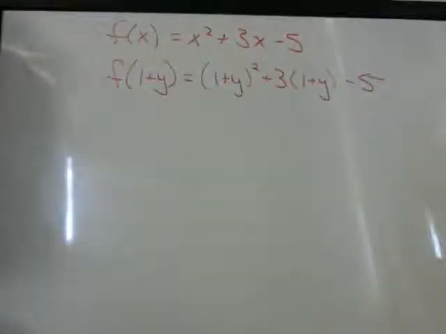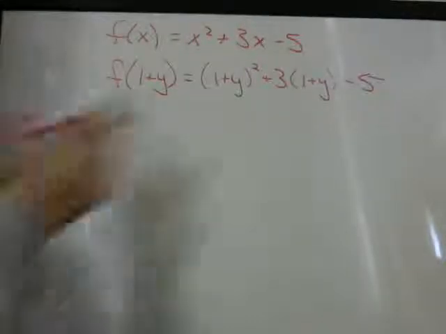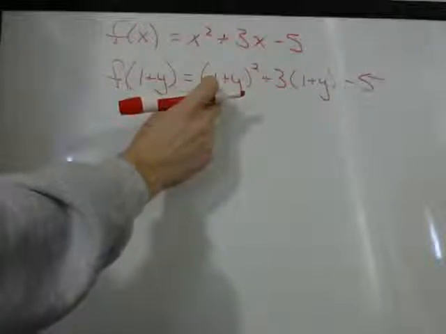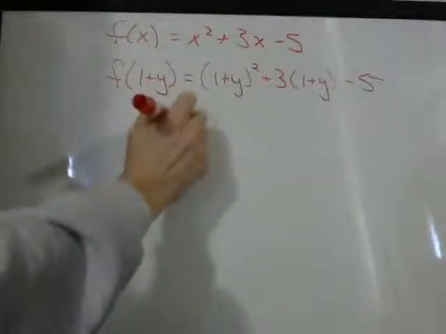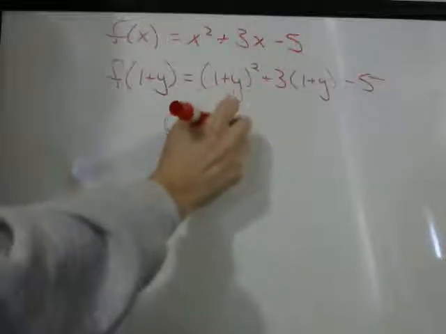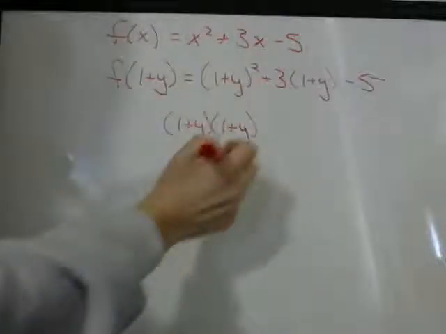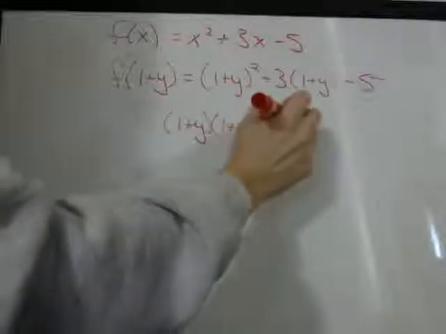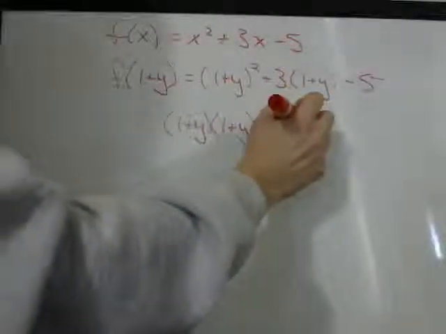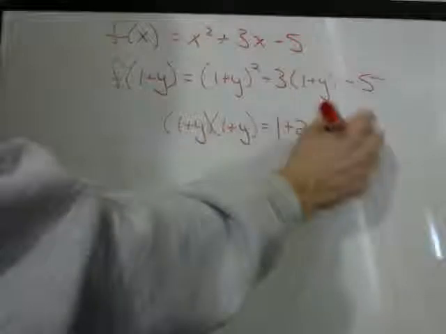Now here you need to know a little bit of algebraic processes and polynomial processes. If you go back and look at some of these things, how do you do 1 plus y squared? It's 1 plus y times 1 plus y. There's a video on how we do FOIL. And so I'll just do it quickly here. 1 plus, you're going to end up with 2y plus y squared.